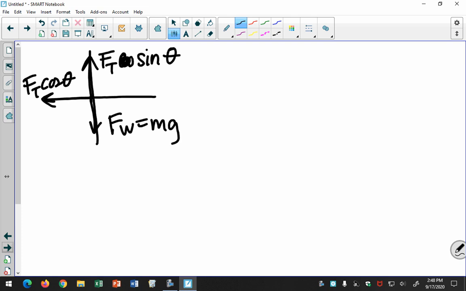All we're going to do is recognize that we know a lot in this, and we can solve these various equations for what we know. When we look at the forces in the x direction, we have F_T times the cosine of theta.